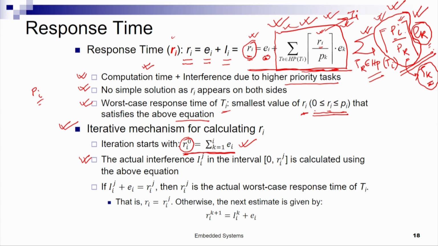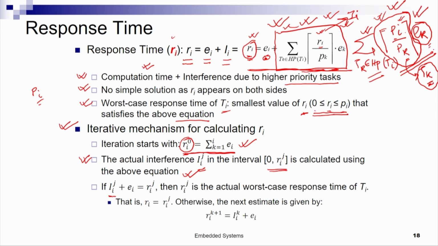Now, the actual interference I^j in the interval 0 to R_i^j is calculated using the above equation. So, for R_i^0 we estimate the interference I^0, for R_i^j we estimate the interference I^j. Now, when do we stop?